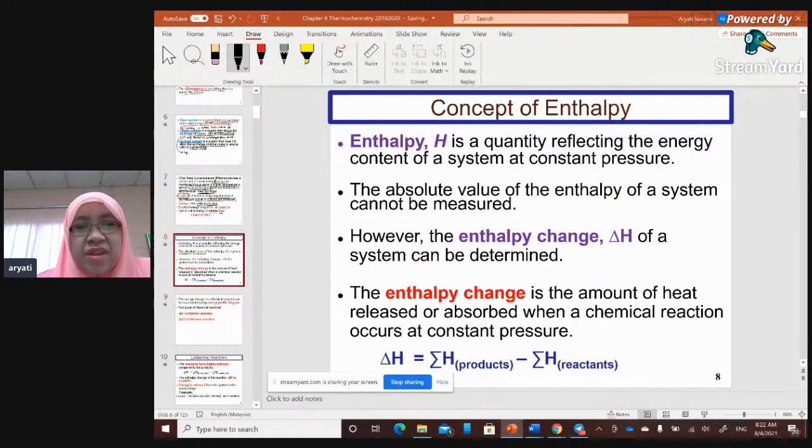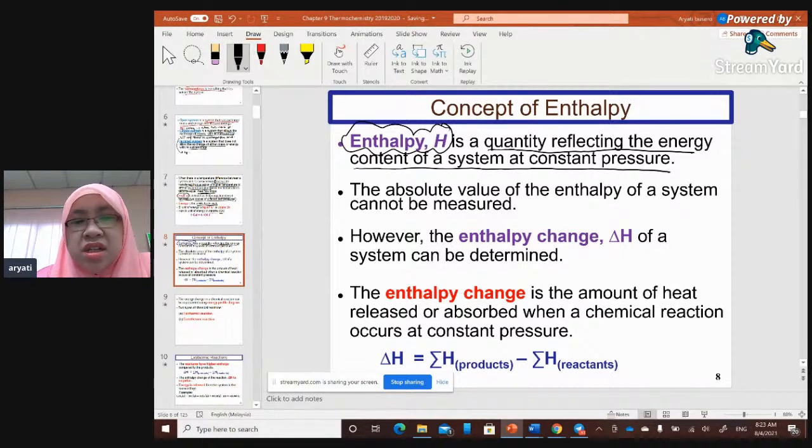So okay, enthalpy, enthalpy symbol as H. Okay, the definition is a quantity reflecting the energy content of a system at a constant pressure. So the absolute value of enthalpy of a system cannot be measured. Okay, enthalpy ialah menyatakan mengenai kuantiti perubahan tenaga bagi satu sistem pada tekanan yang tetap.